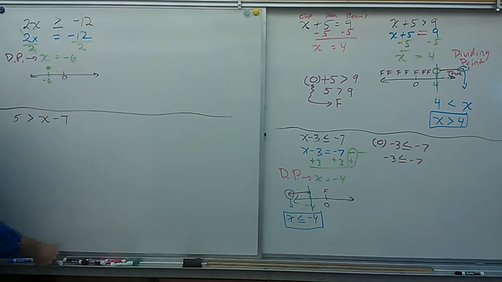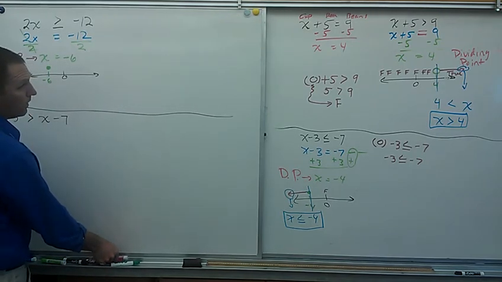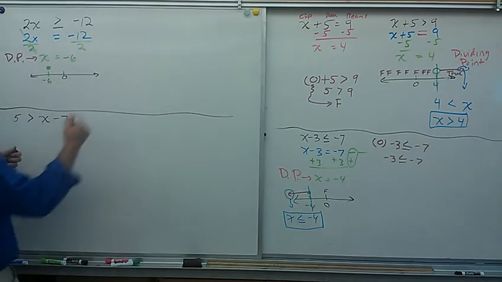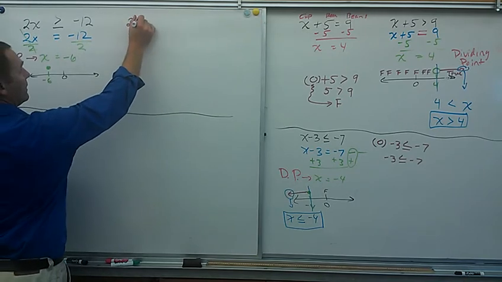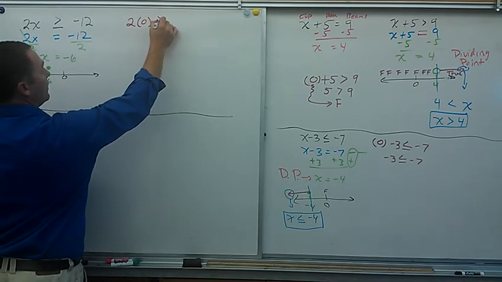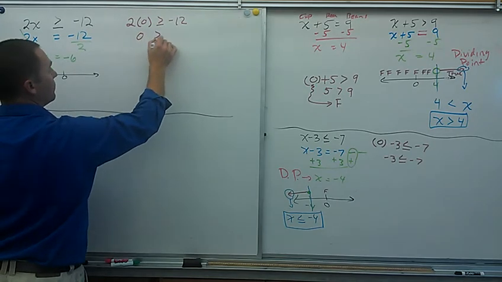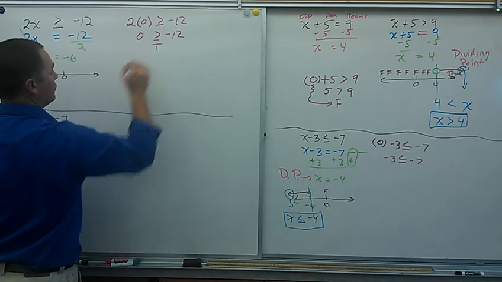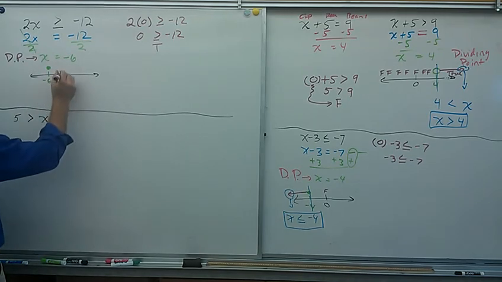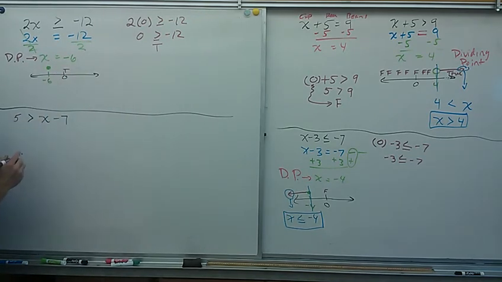Now I need to figure out which way my arrow is going to go. I plug in and say 2 times 0 is greater than or equal to negative 12. 0 is greater than or equal to negative 12. That is true. That means that the 0 is true, and the arrow always goes towards the true side. So it goes like that.